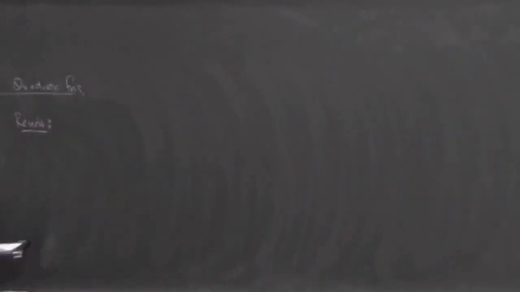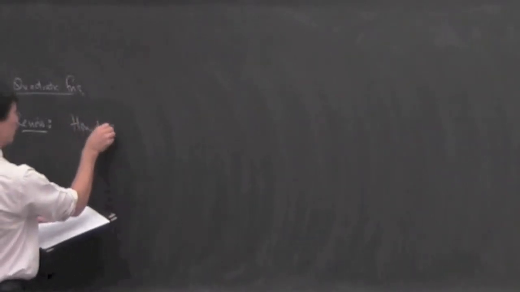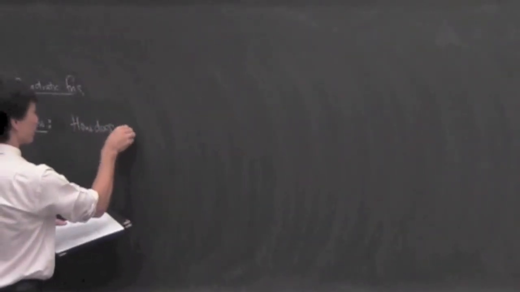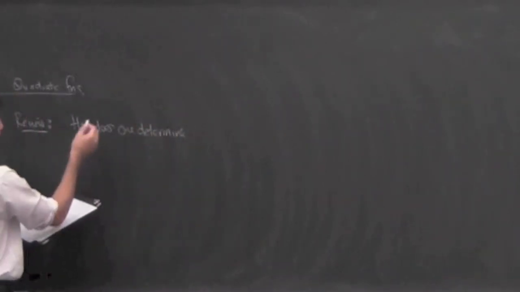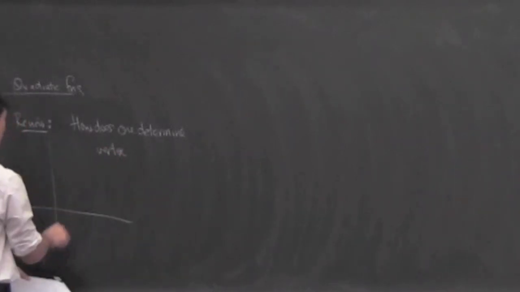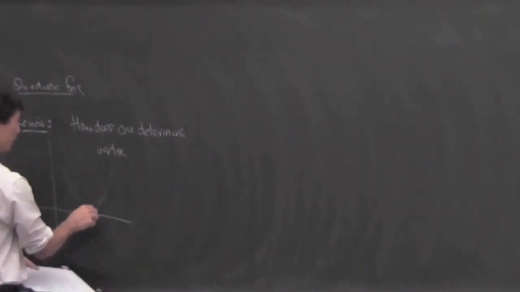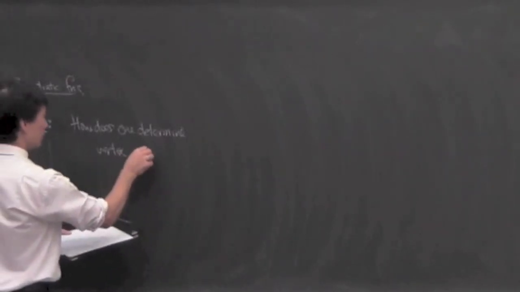Basically, to answer the following question: how does one determine, for example, the vertex? If you have some quadratic function, how do you determine where the vertex lies? The vertex, the axis of symmetry.